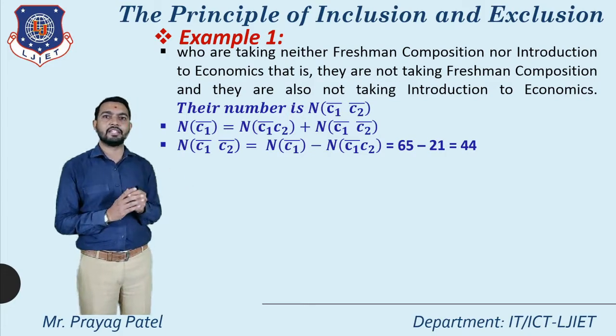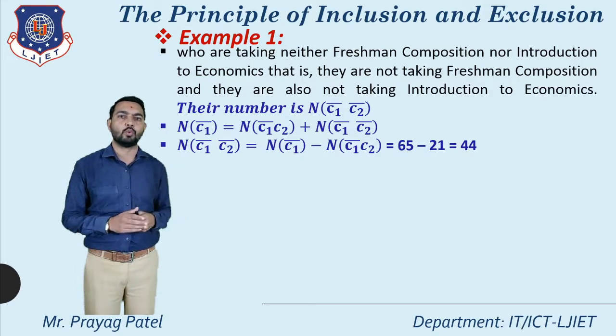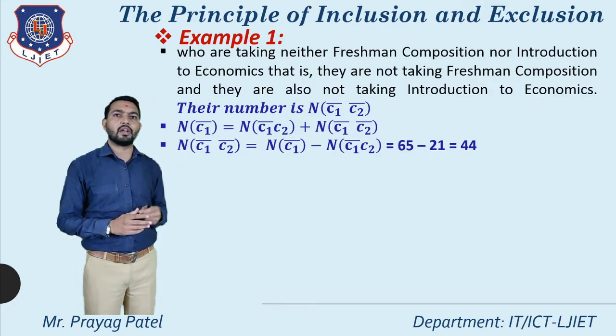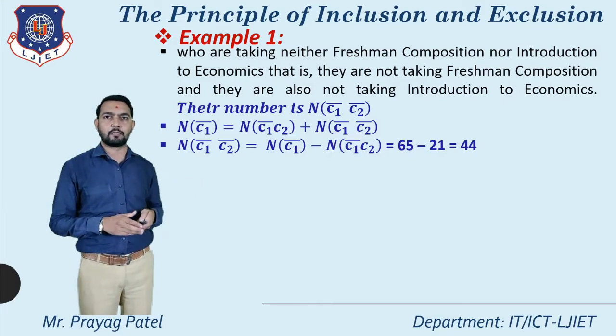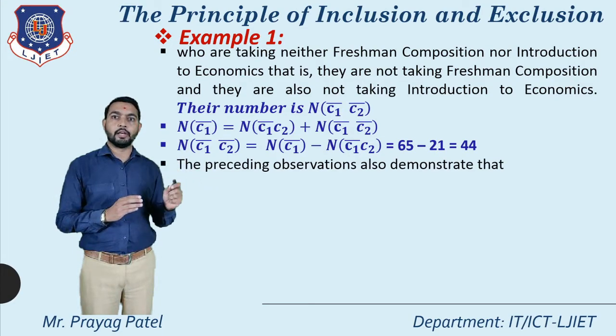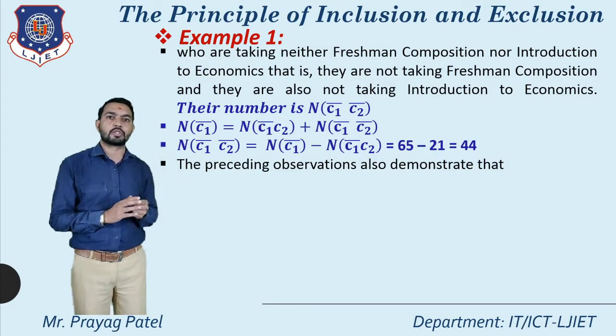We rearrange this equation, then we get NC1 dash C2 dash equal to NC1 dash minus NC1 dash C2. So 65 minus 21 equal to 44, because we have already all the values.